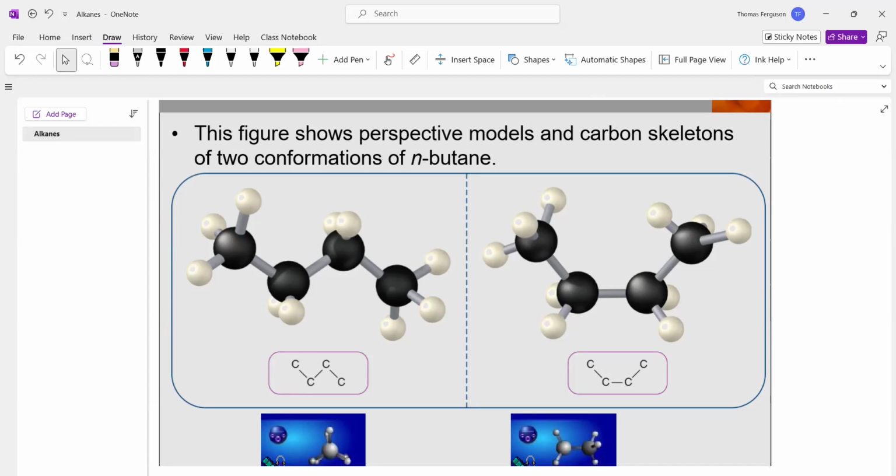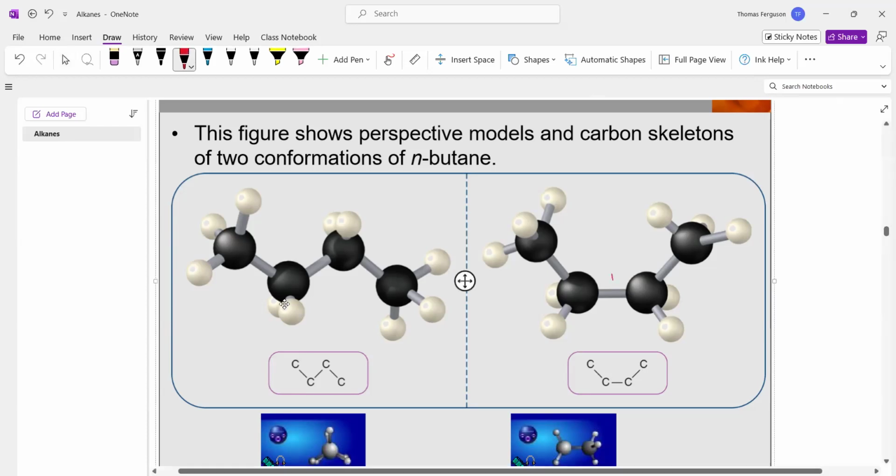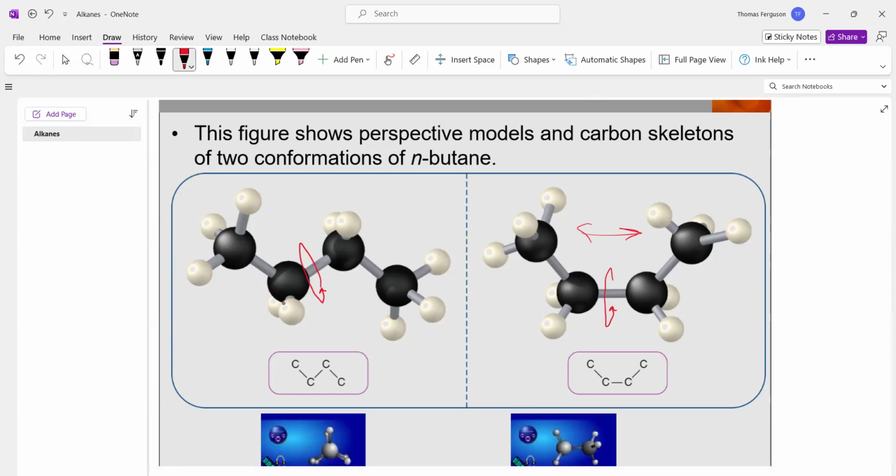What happens here is this bond can rotate, and this one can rotate. What's going on in the right one is that you've got some steric hindrance between these 2 methyl groups, these 2 one-carbon groups. The reason groups don't like to be around another group is because they have electrons, and electrons repel each other. So you want to maximize the distance between parts of the molecule.